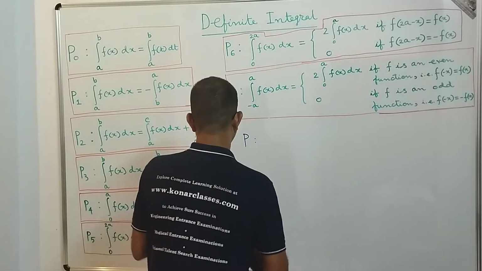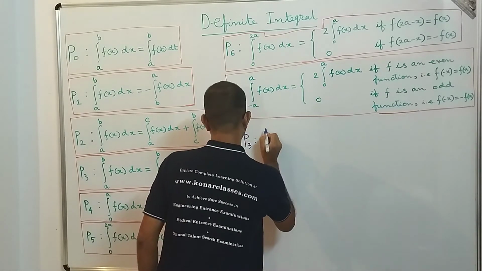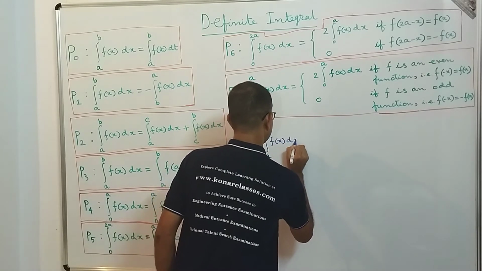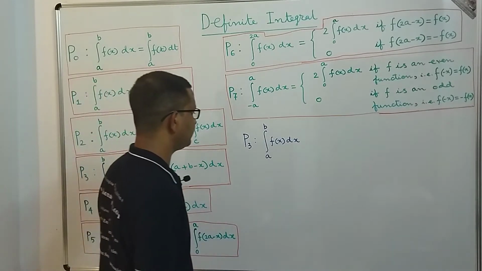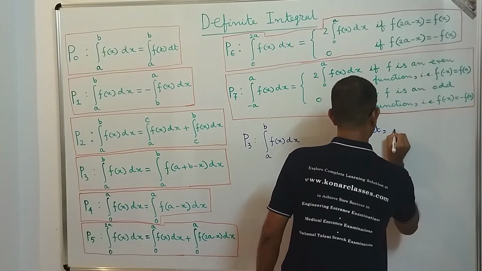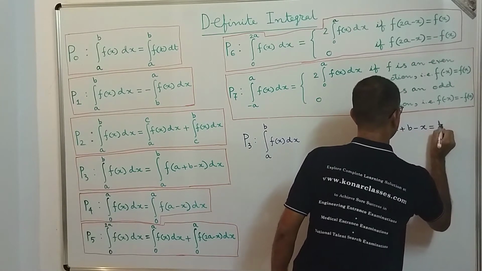Okay, so let's start. So what is this? Integration a to b f(x) dx. Now let us assume that a + b - x = t.